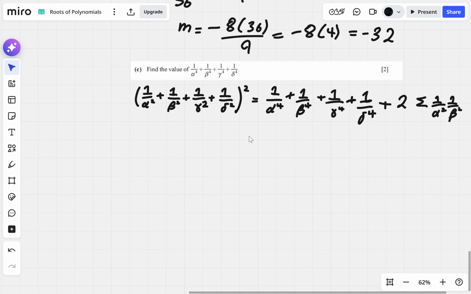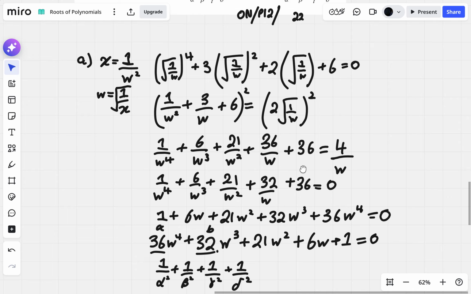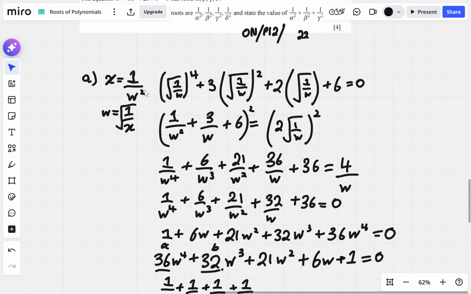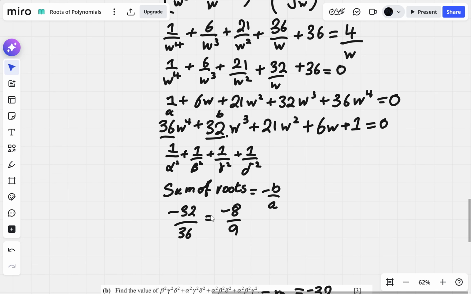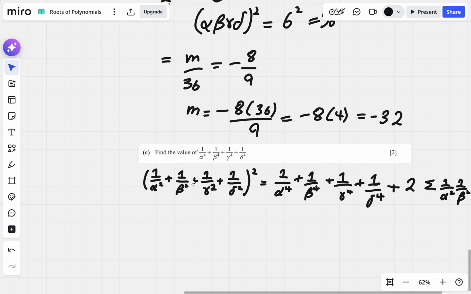We found that in the first part, in part A, which is minus 8 over 9. So we can just put that inside, which would become minus 8 over 9 whole squared.